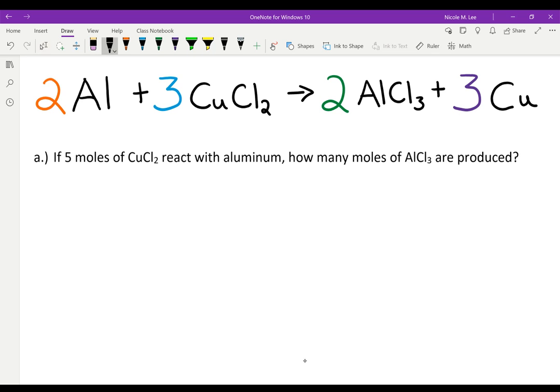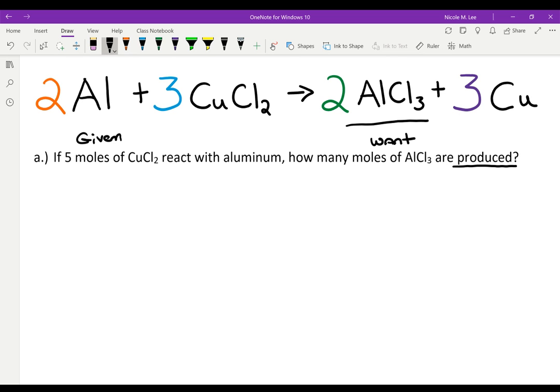You were given 5 moles of copper 2 chloride, and you want to figure out how many moles of aluminum chloride are produced. Notice it says produced, so that's going to be on the product side, and it is right here, aluminum chloride. So this is what we want to solve for. We want moles of aluminum chloride.